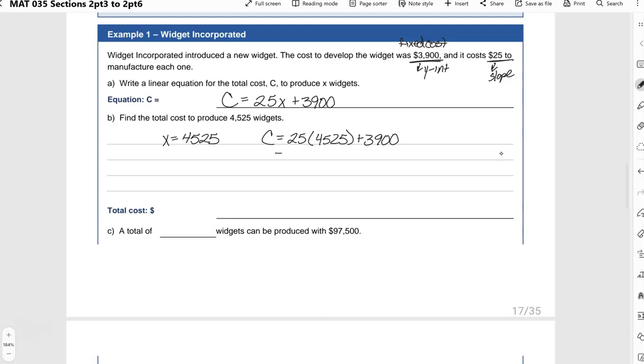When I plugged that in my calculator, and I did that off screen, I ended up with $117,025 to produce 4,525 widgets. So there's my total cost.